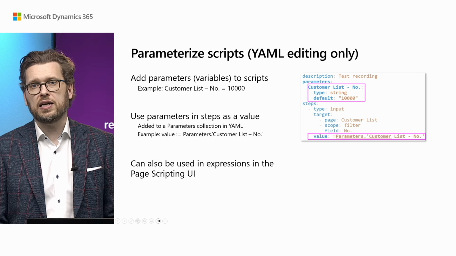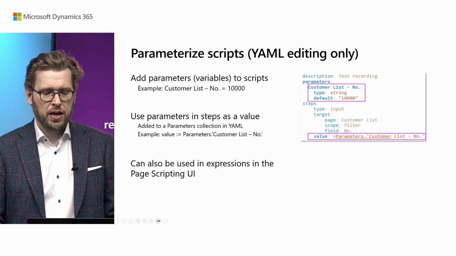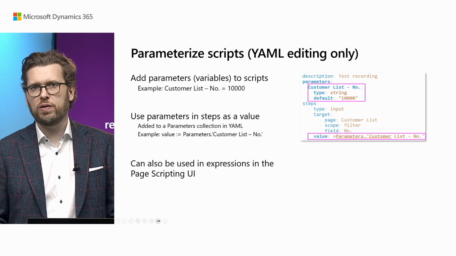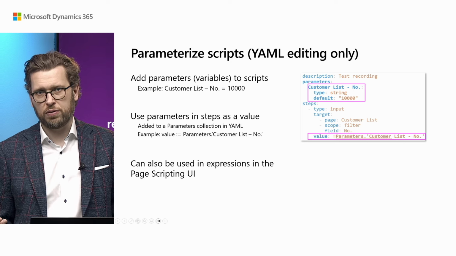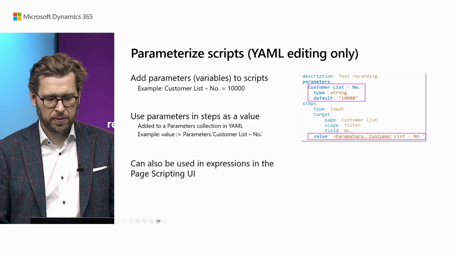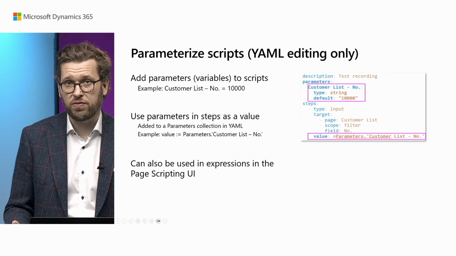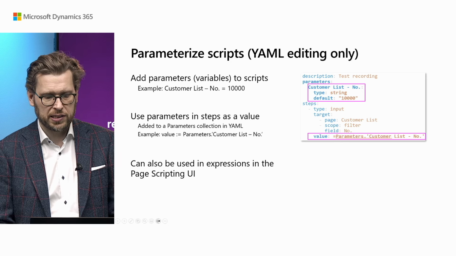And the first one is that, as I mentioned a little earlier when we talked about the expressions, you can actually parameterize scripts. That's basically the equivalent of setting some variables that you can then use throughout the script to make it more robust and easier if you want to change that value, to not have to change it in many places in the script, but just in the parameter list.